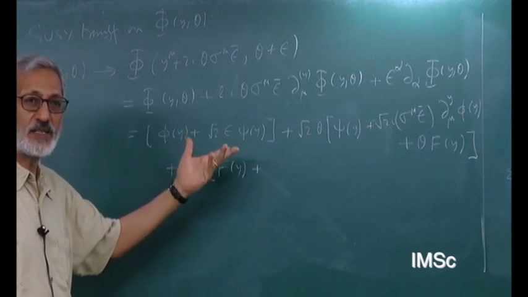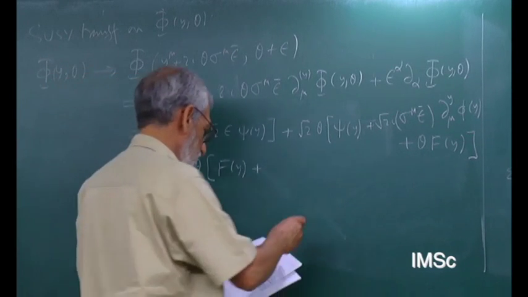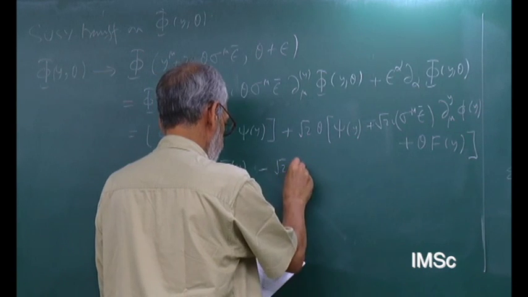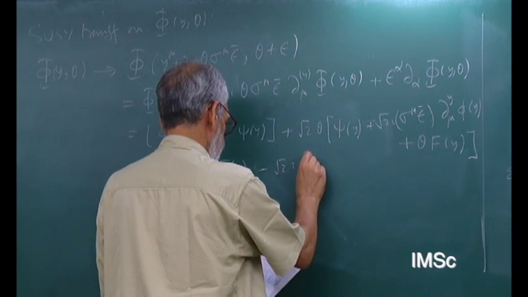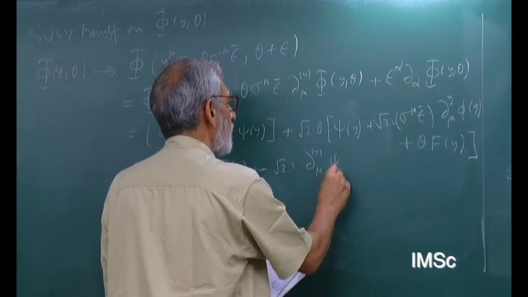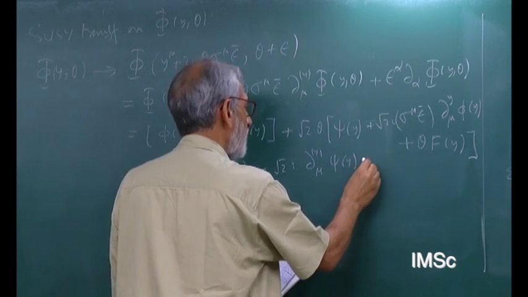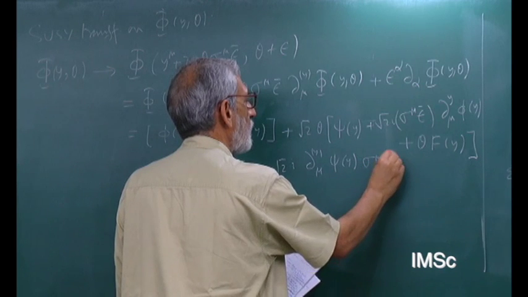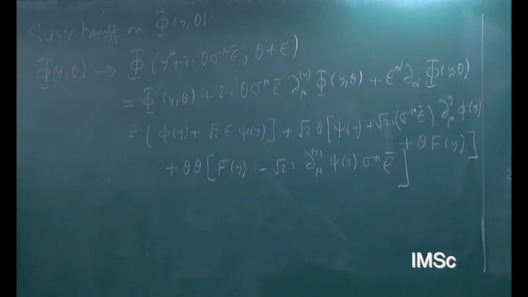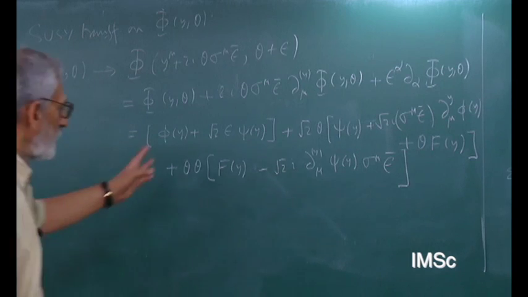Do the phase rearrangement and convince yourself that it is minus root 2 I d mu y of psi y sigma mu epsilon bar. That is nothing but this expansion.